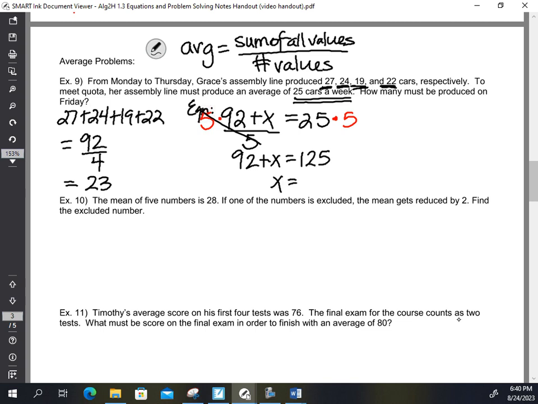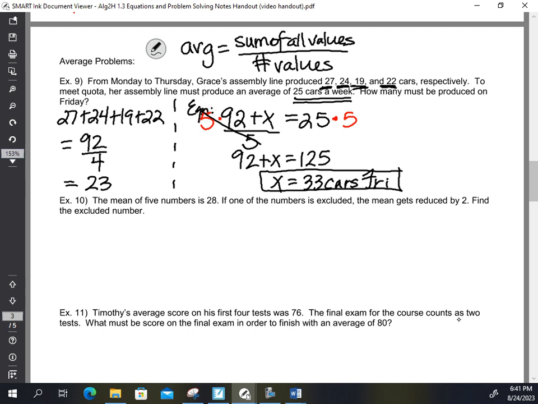So x equals 33 cars that have to be made on Friday. So there you go. To understand this problem, look at what the average is now and what average you're trying to get to. That hopefully gives a little more clarity as to why the equation is set up the way it is.